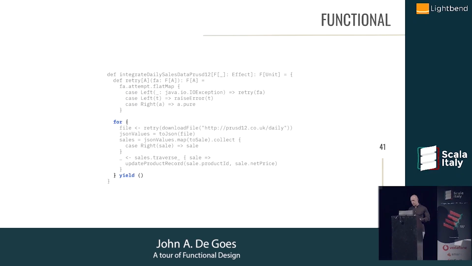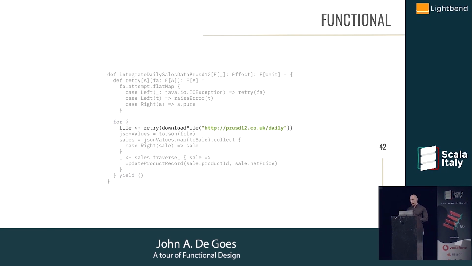And then notice the main body in this function is a for expression. It's actually building a value. In functional effect systems, we don't do stuff, we describe stuff. We build values that describe operations. And so here I'm building a value that is going to describe the process of integrating this daily sales data into our database.